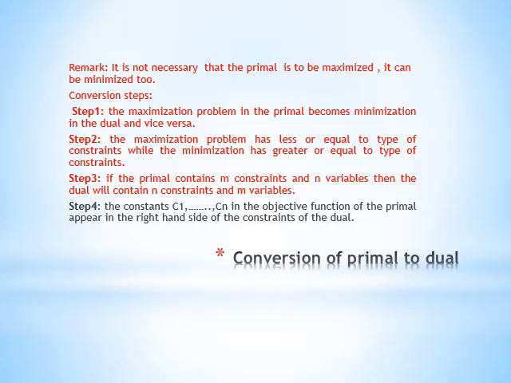Now, step 5 states that B1, B2 up to Bn in the primal option will be moved to the constants of the dual option.